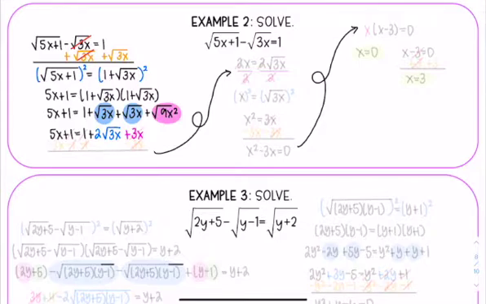And so the problem is I still have a radical inside my equation, so I need to repeat the process again. I need to isolate the square root of 3x first, and then I can square both sides to get my final answer. So I am going to get the square root of 3x by itself. I'm going to subtract 1 from both sides, and I'm going to subtract 3x from both sides.